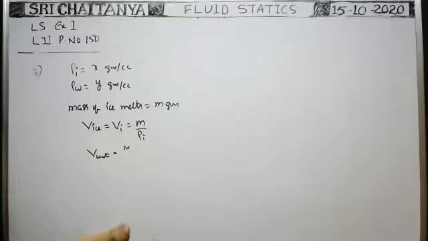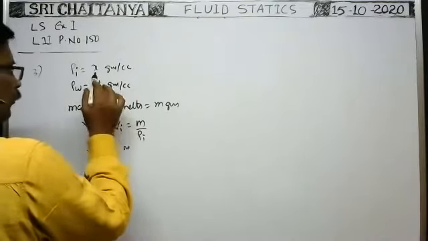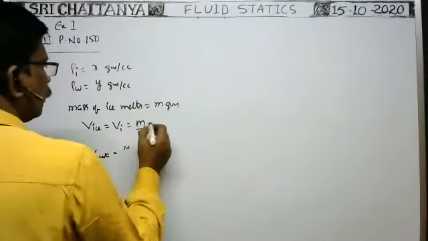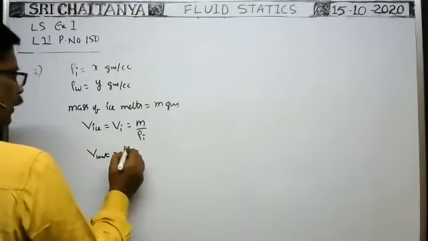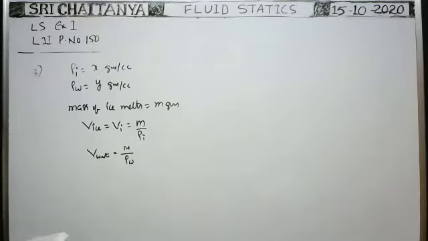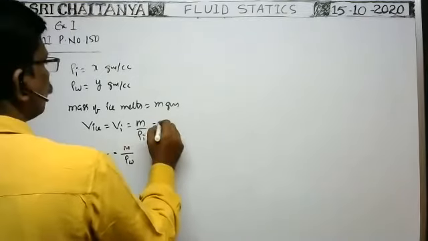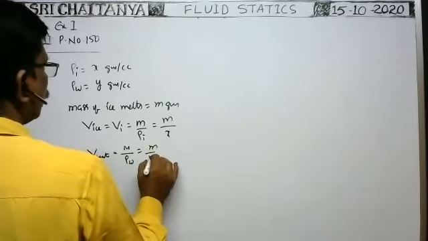Volume of the ice is more for the same mass, because the density of the water is more, so the volume will be less. So the volume of the water is m by the density of the water, rho w. Okay, this is equal to m by rho i, which means m by x for ice. Here it is m by y for water.